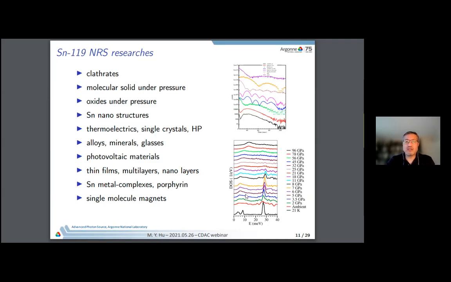In this case, actually, it's tin iodide. It goes through pressure amorphization under pressure, and then recrystallizes later. So anyway, these are just some examples to show you the things you can do with this.